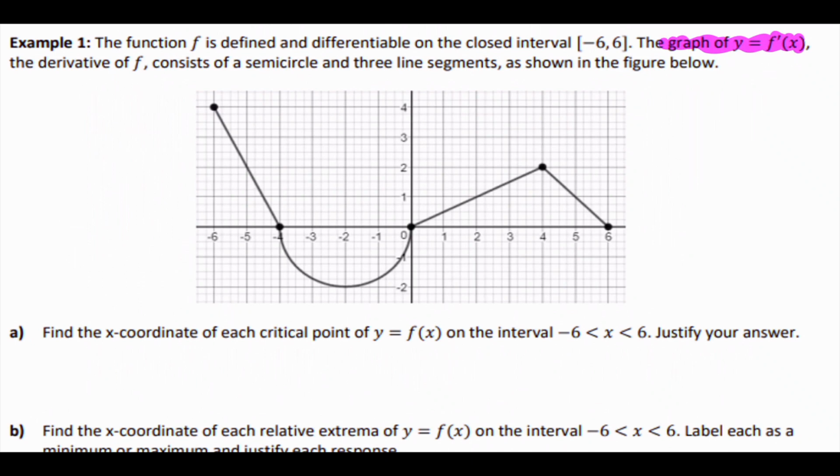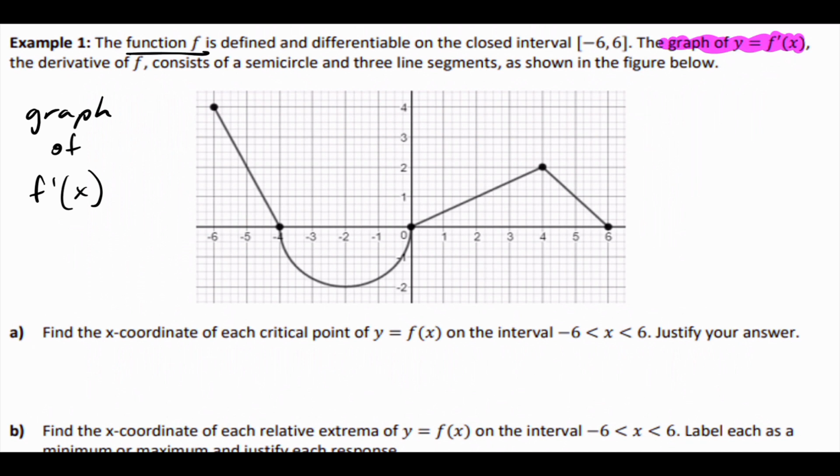So this is the graph of f prime of x. Okay? So this is the graph of the derivatives. So this is a graph of all of the slopes of f. Okay? This represents all of the slopes of the original f.